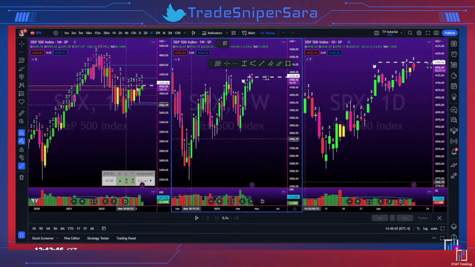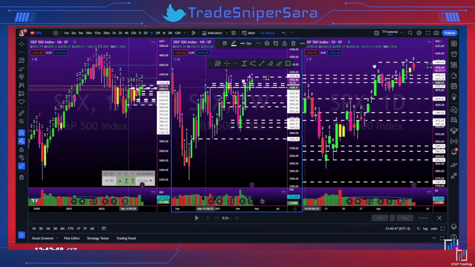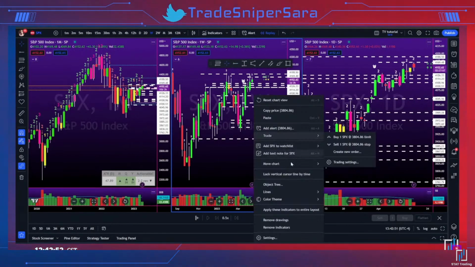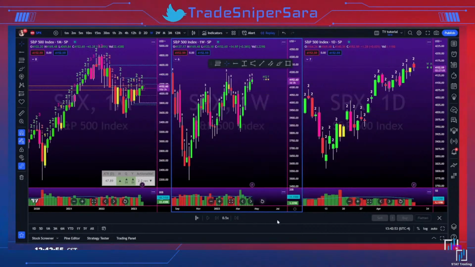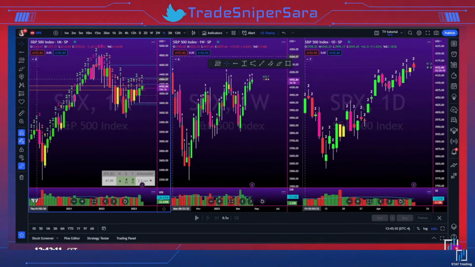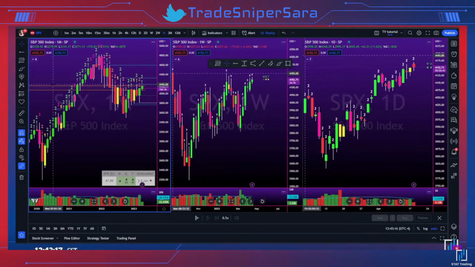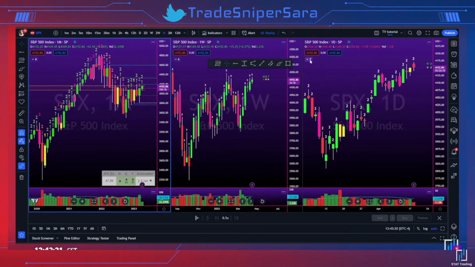If you have a ton of stuff on your charts and you just want to clear it off, you just right click, remove drawings. Say you've got like 10 indicators on one of these screens. So this one has 8, this one has 6, this one has 7.